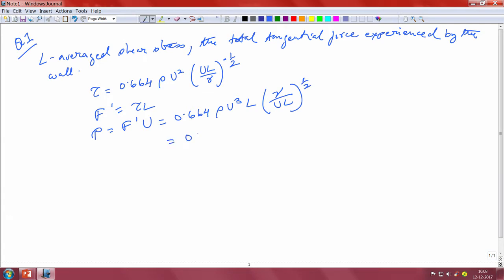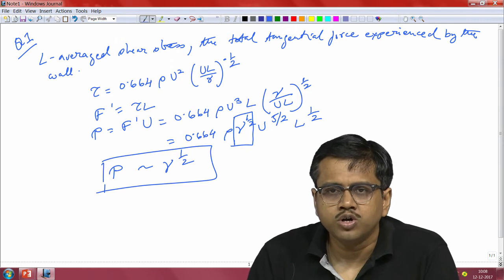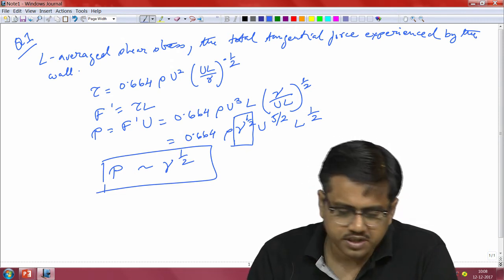This leads to 0.664 rho gamma to the power of half U to the power of 5 by 2 L to the power of half. So, you get a direct dependence: P scales as gamma to the power of half. So, that gives you the first part of the question. That is relatively easy.